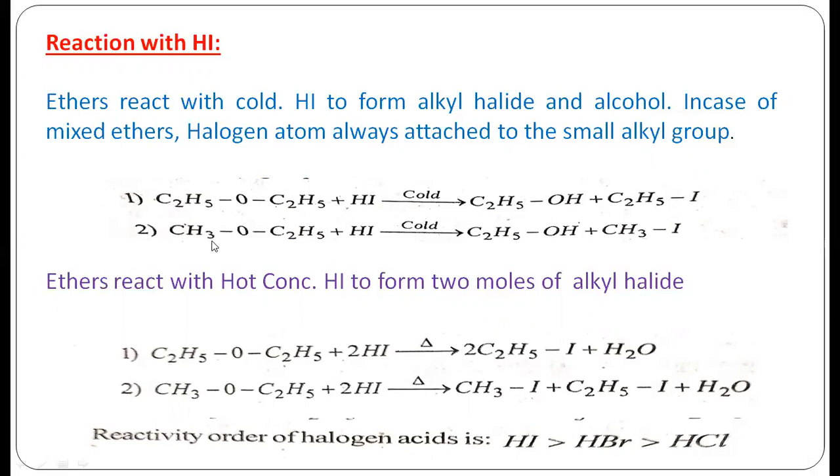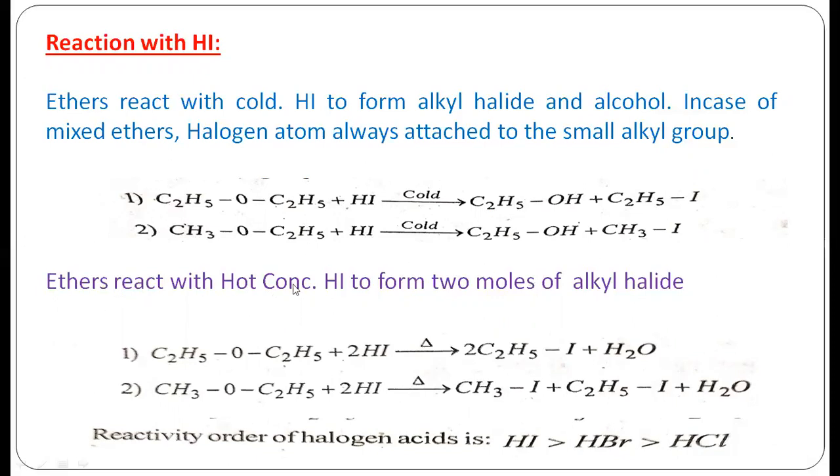When it reacts with a mixed ether, the halogen atom is always attached to the smaller alkyl group, because iodide is a bulky group. So here the iodide will attack the smaller group among these two, the methyl group, which produces methyl iodide, whereas the other group is eliminated as ethanol.